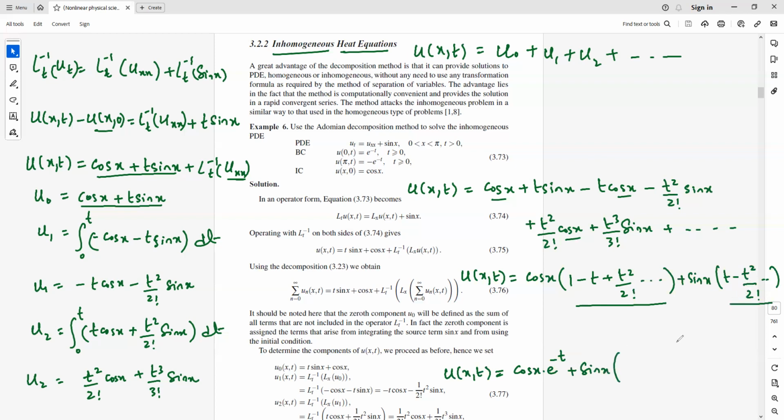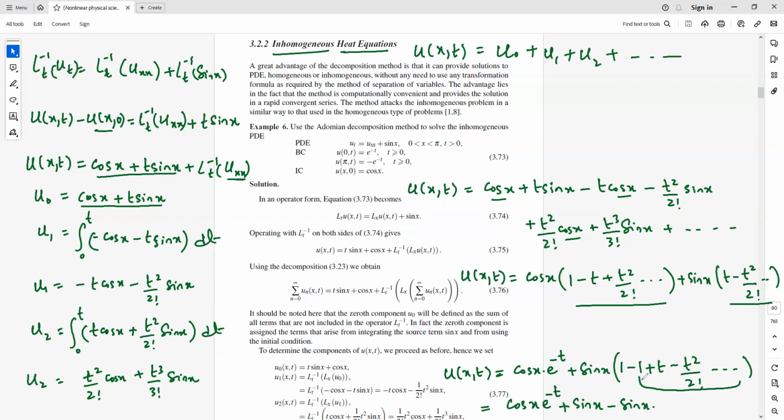Now here we can see that we have this expression, but if we add 1 to it, we can get the series expansion. If we add 1, we have to subtract 1 from here, and then we get this expression. On simplifying, we get cosine x e to the power negative t plus sine x minus sine x times the series up to infinity.